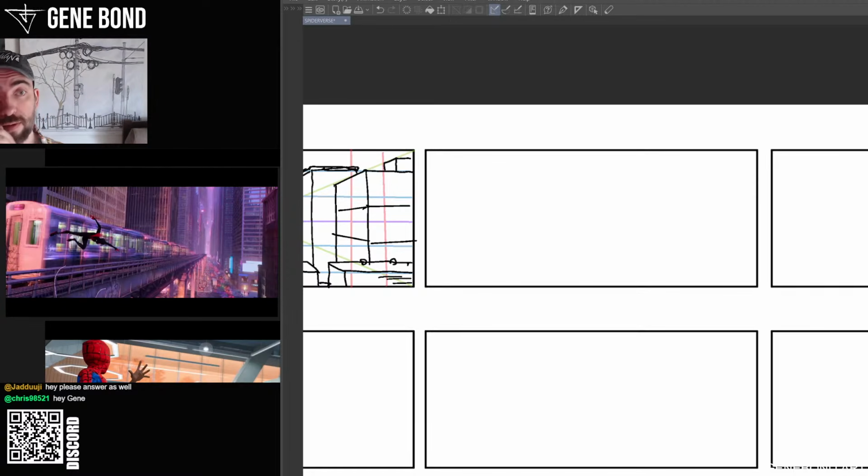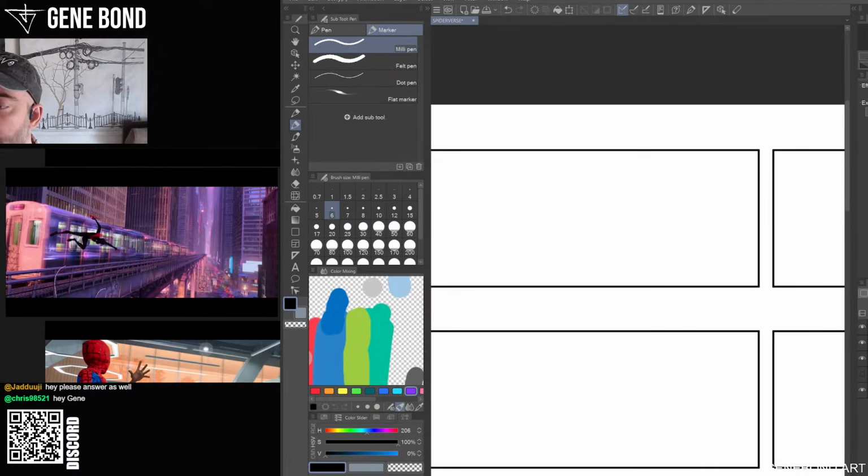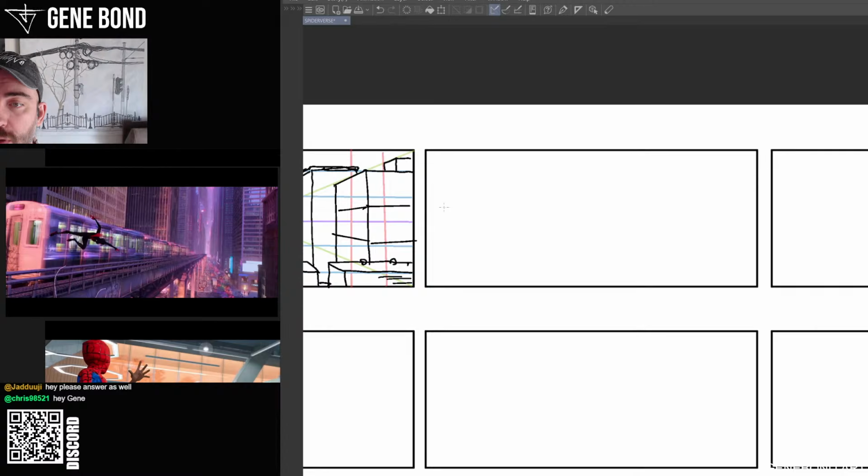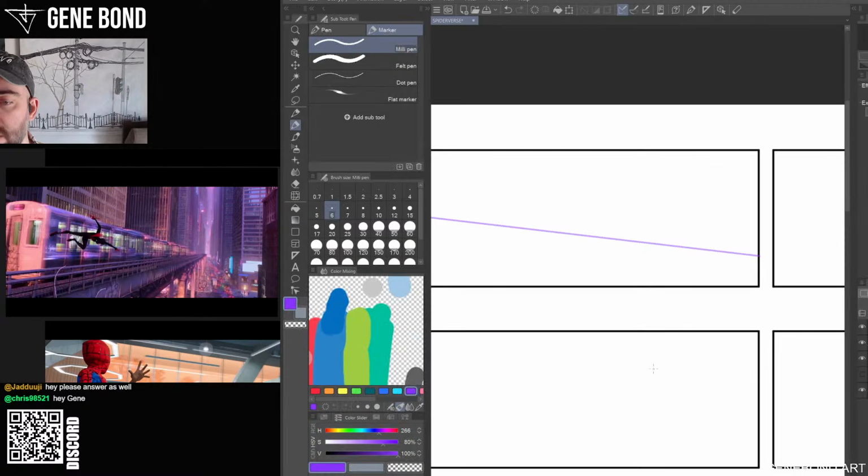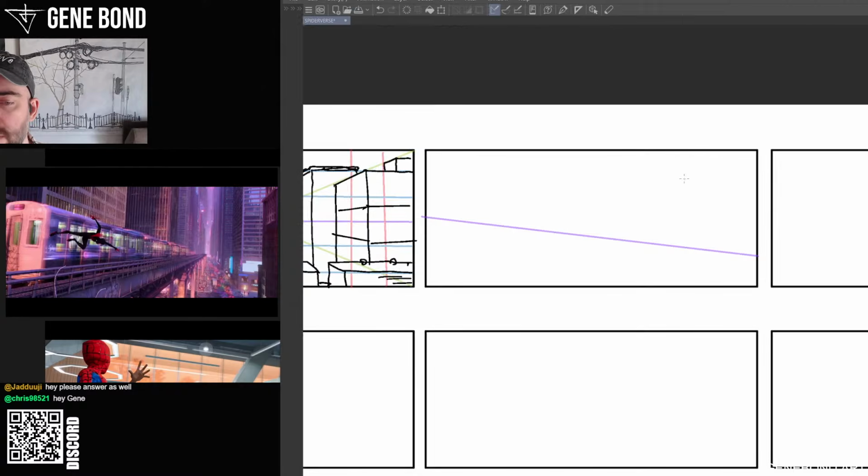So when in this Spider-Verse they make a composition with a vanishing point that is not in the center, they often also tilt the horizon line. So let me show you. Like here, I have a tilted horizon line, which means the y-axis is also tilted.